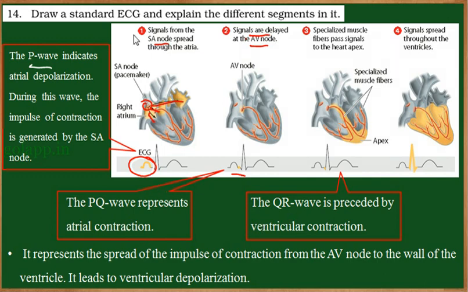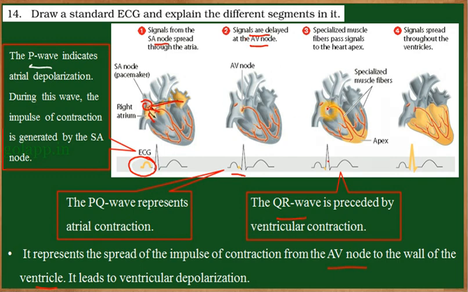The next part is the QR wave. Here we can see this is the QR. This QR wave is followed by the ventricular contraction. Here it represents the impulse of contraction passing from the AV node to the walls of the ventricles. So it is the spread of impulses.